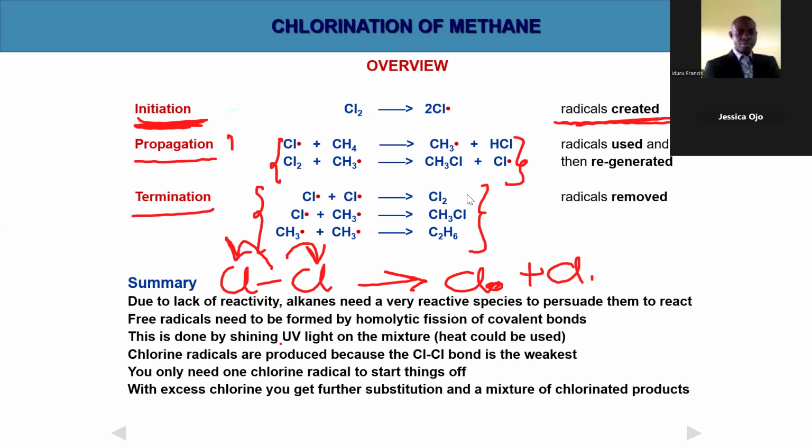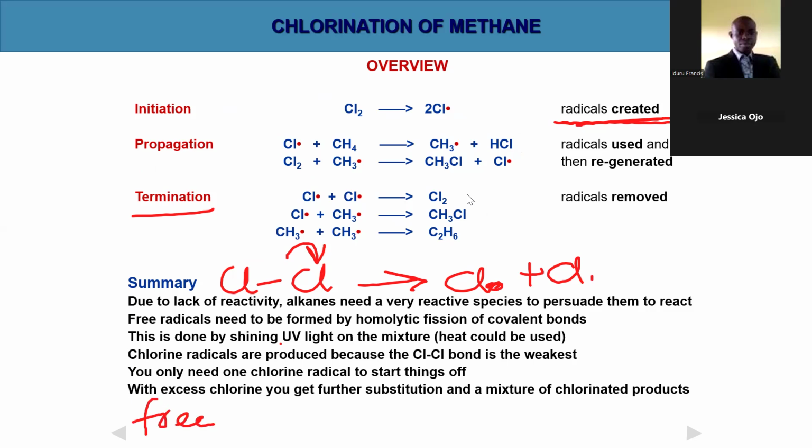So after that, you have the radical created, and we said that radicals are species with an odd number of electrons, or species with unpaired electrons. So it's very important that we define the word free radical.